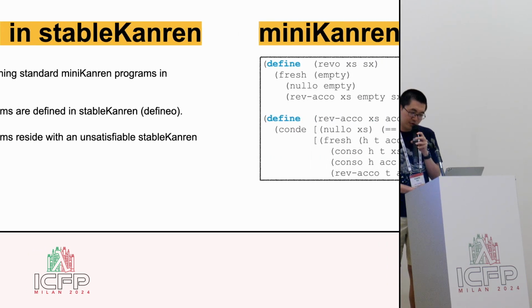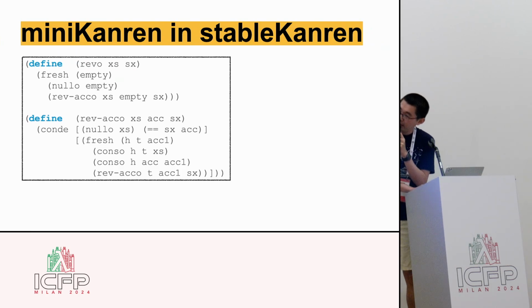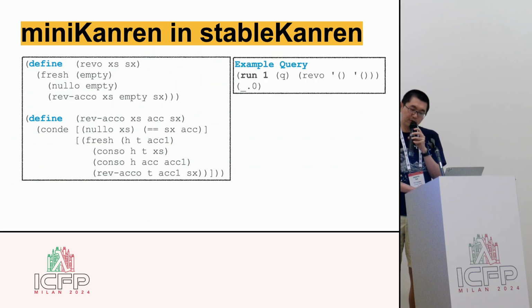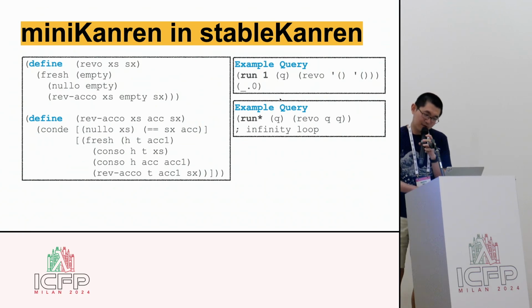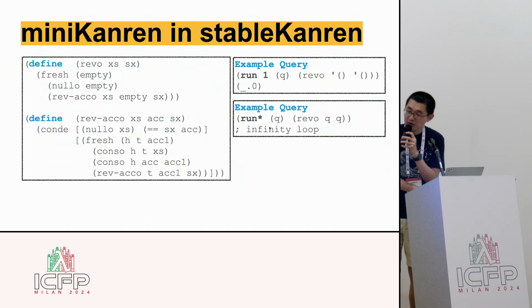Okay, so this is the first issue: the simple standard miniKanren program I have shown before. This is the example query I also showed before, right? In this case, this program still uses define, and when we put it into the stableKanren, it can produce a result, which is good. And in this case, this relation, reverso, is not convergent, right?